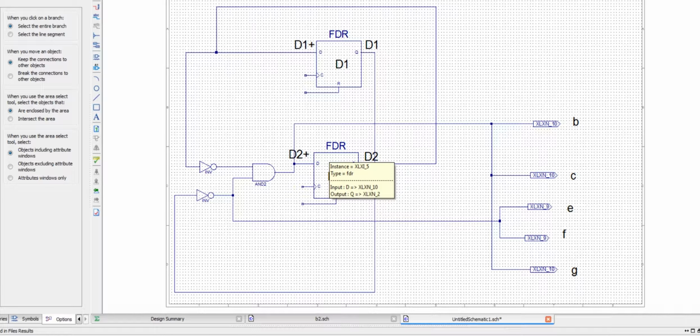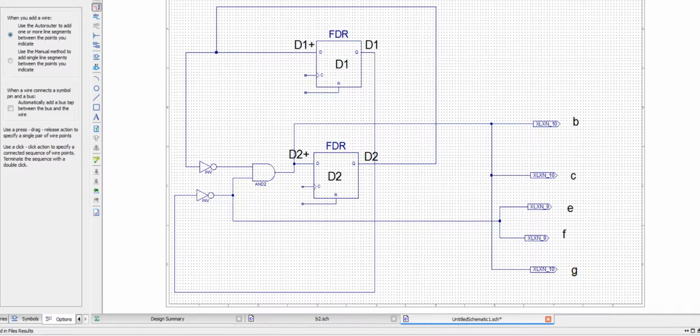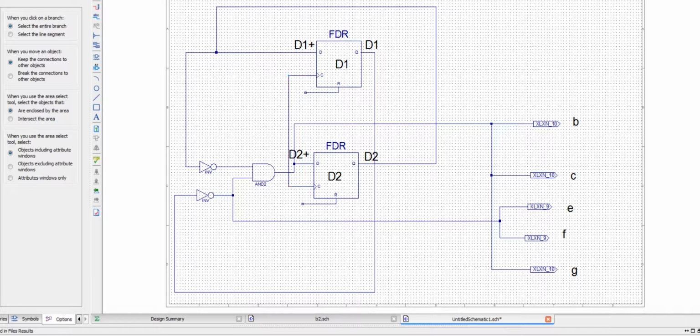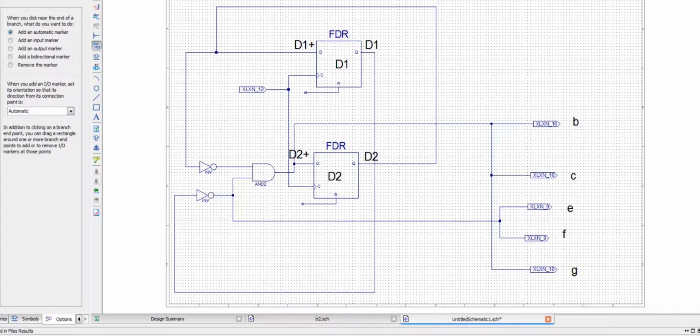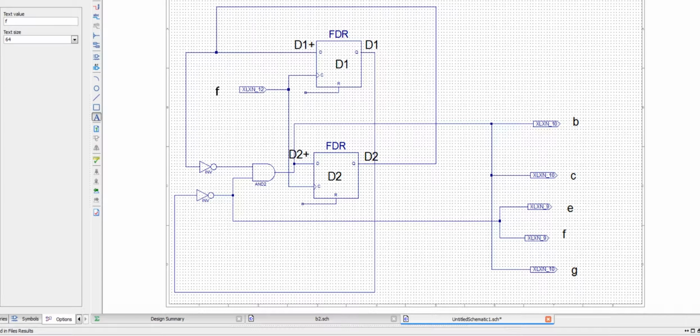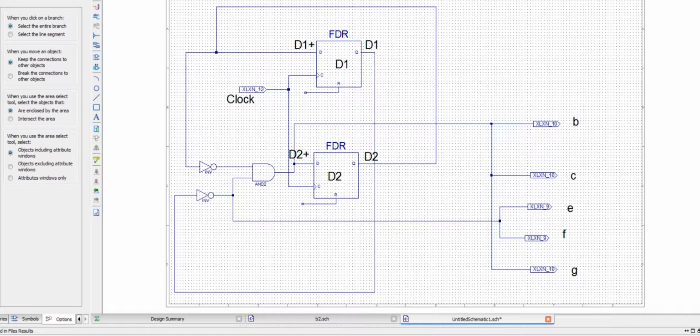The only things we haven't done are the clock and reset inputs. So we can do that as well. We first connect the clocks together, and let's put them a little bit this way, and create an input for them. I will explain later how we can actually build these clock inputs. So I just put clock. So this is my clock input, which goes to the clock inputs of both of the flip-flops.